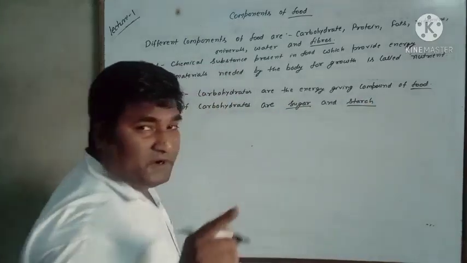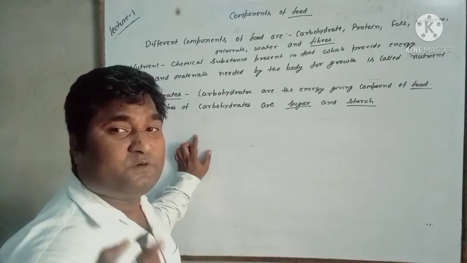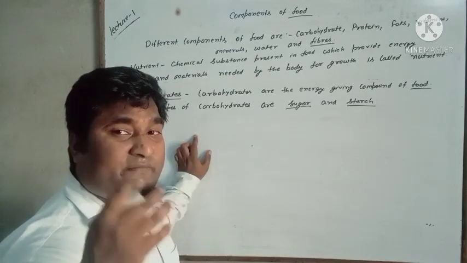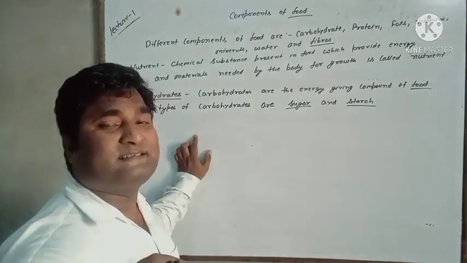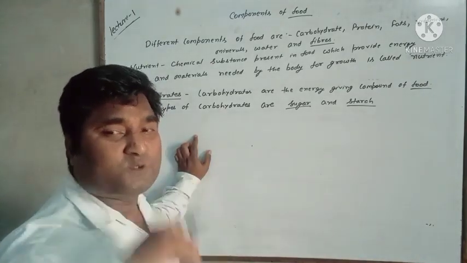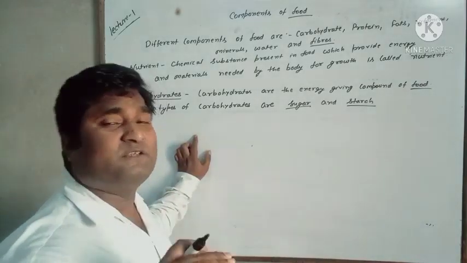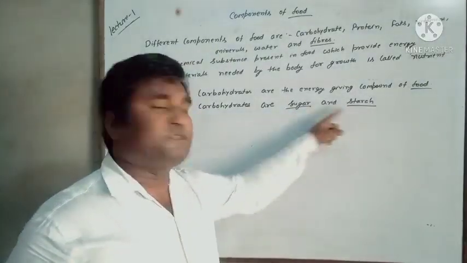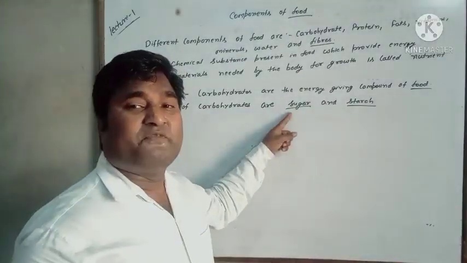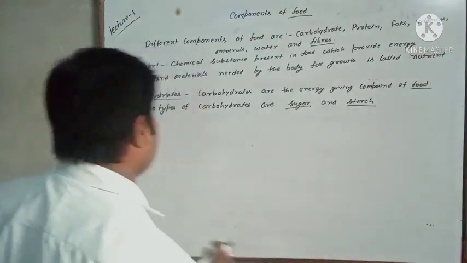The food prepared by the plant is sugar, and this sugar is stored in the form of starch. When we eat the starch, our body digests that starch to release sugar. So we can say starch is also a carbohydrate, sugar is also a carbohydrate. If you break starch, you will get sugar, and if you add many sugars, then you will get starch.